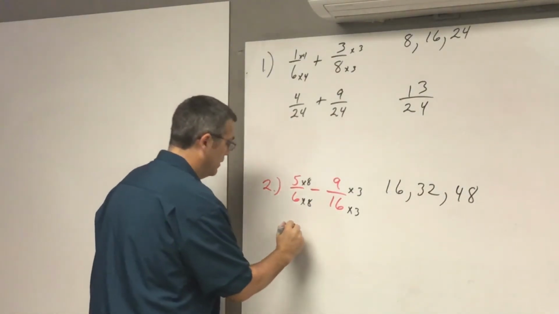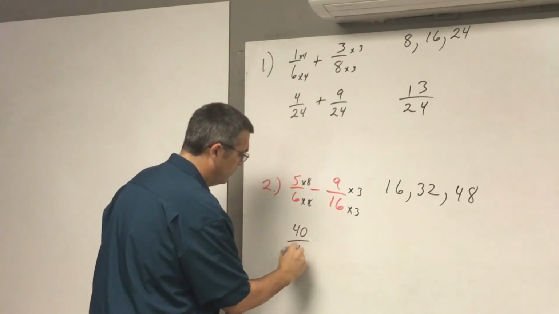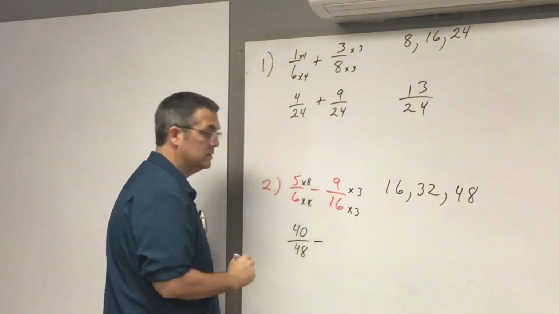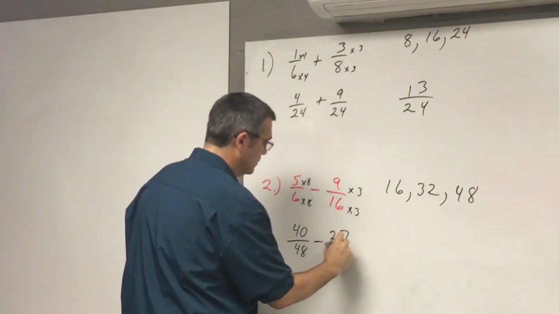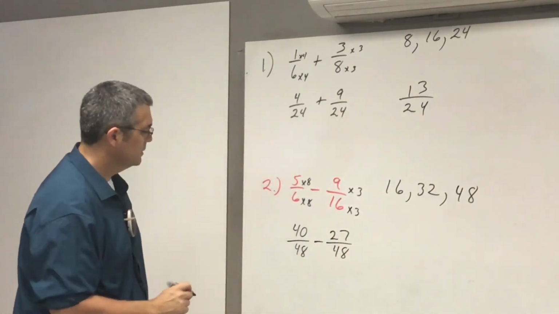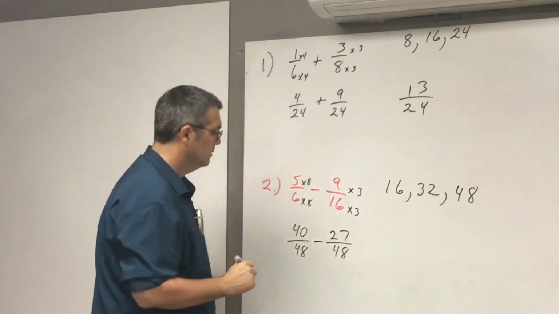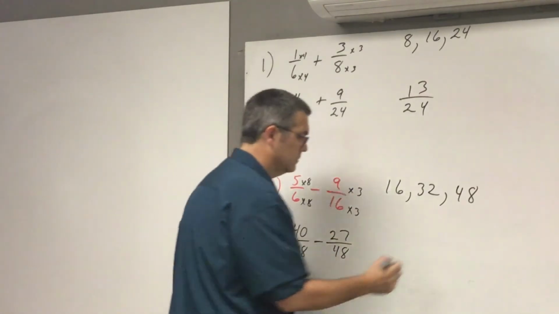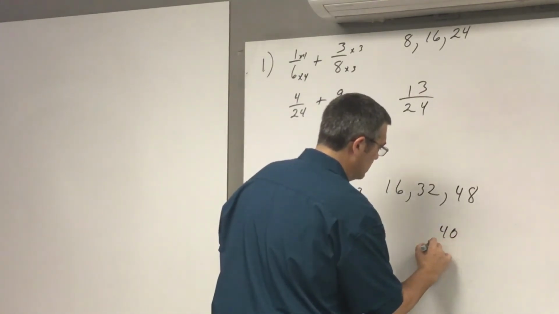So here we got 40 over 48 minus 27 over 48. So I'm going to subtract 40 minus 27.